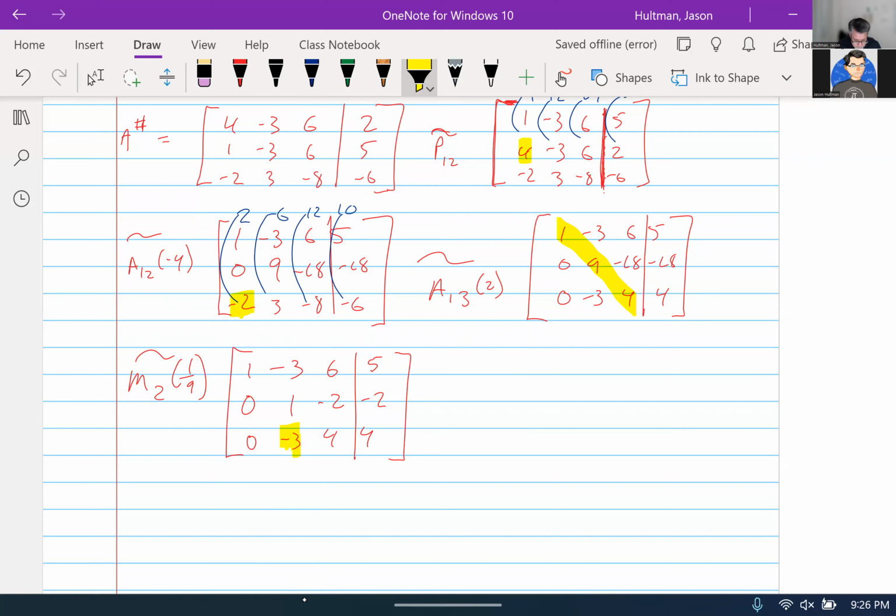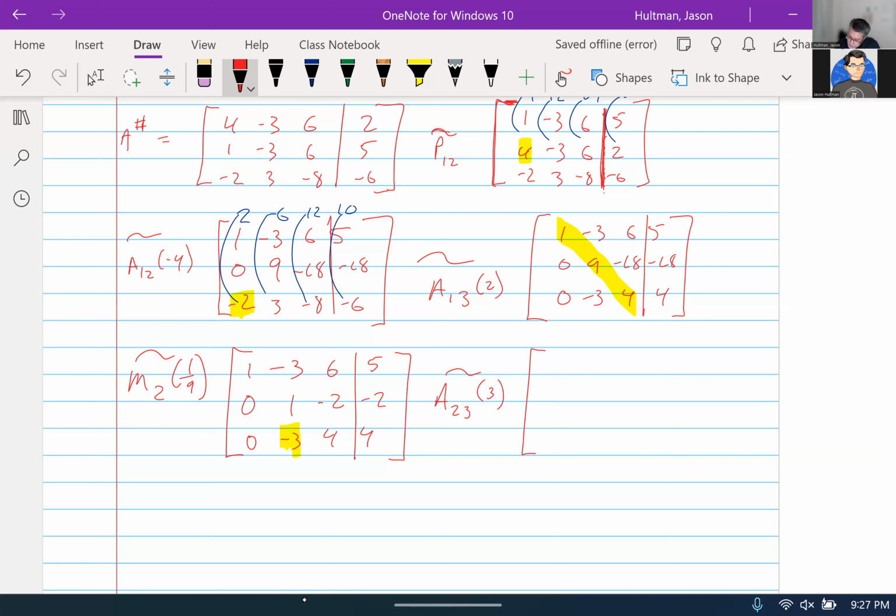Okay, so let's do that. Multiply row 2 by 3 and then add it to row 3.